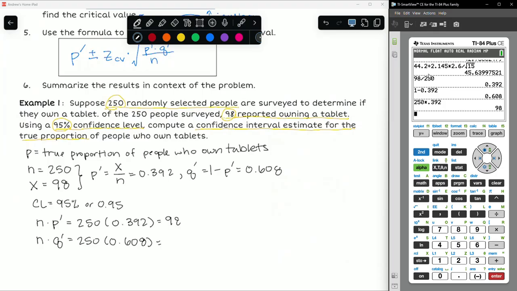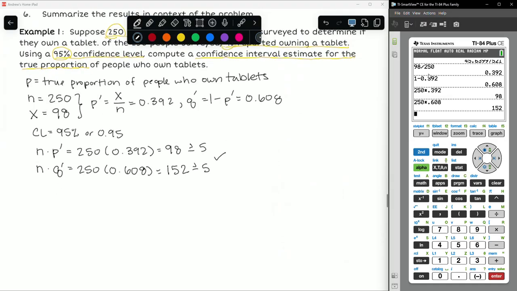That is my number of successes. And then 250 times 0.608 should give me the number of failures, which is 152. Both of those are greater than or equal to 5. So I have met the conditions to do a z interval for a proportion.